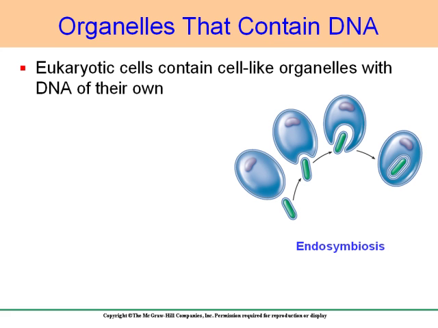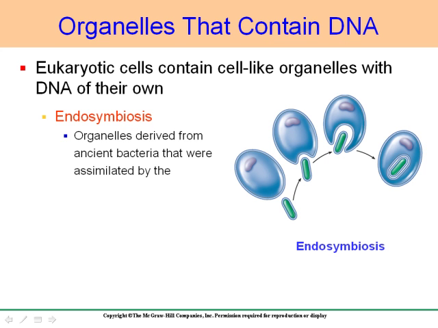Now, there are some organelles that actually contain DNA. Remember I said the nucleus contains DNA of the cell, but there are some organelles that are special. And these organelles found in eukaryotic cells are going to contain DNA of their own. According to the theory of endosymbiosis, organelles were derived from ancient bacteria that were assimilated by the eukaryotic cell.